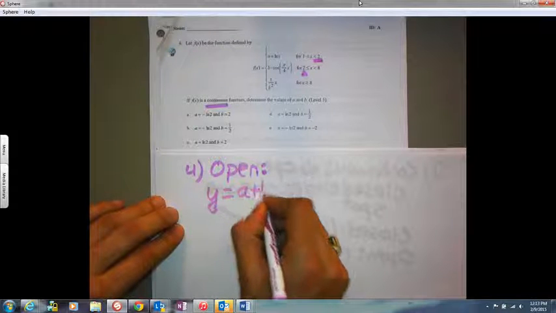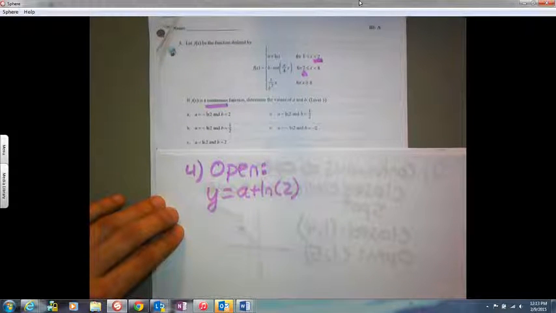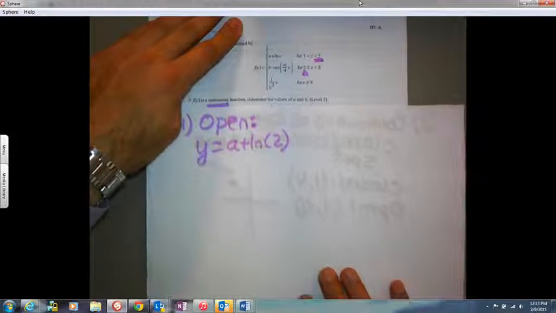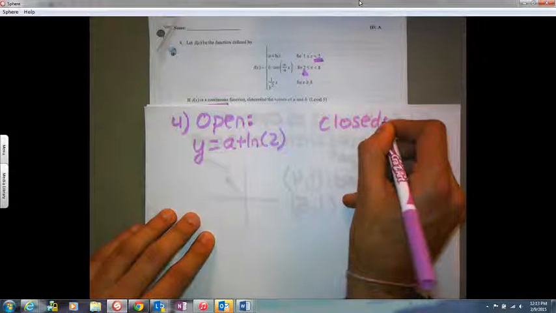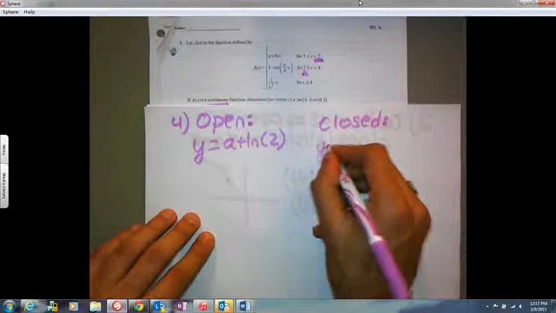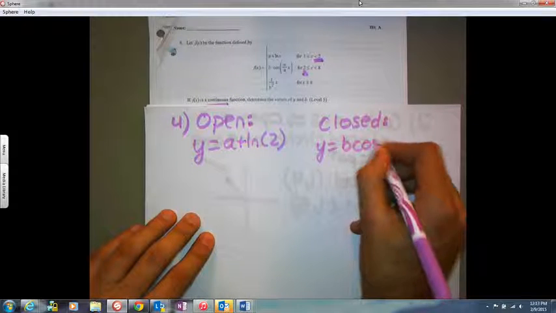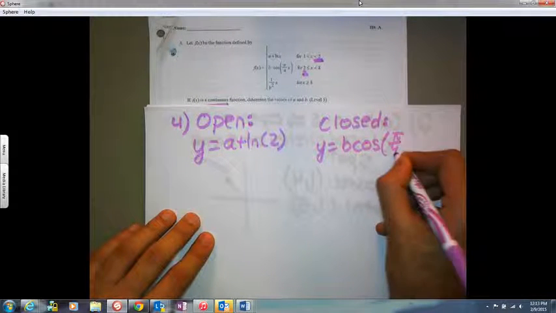So we have an open circle at y equals a plus natural log of 2, and we have the closed circle on this piece, which is y equals b cosine of pi over 4 times 2.